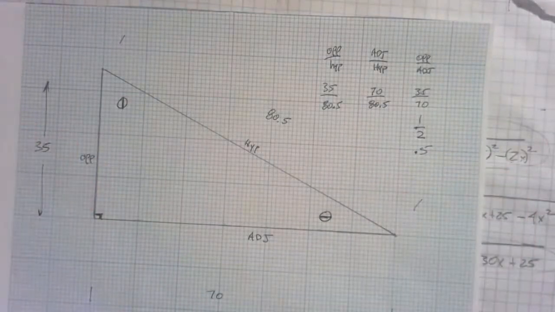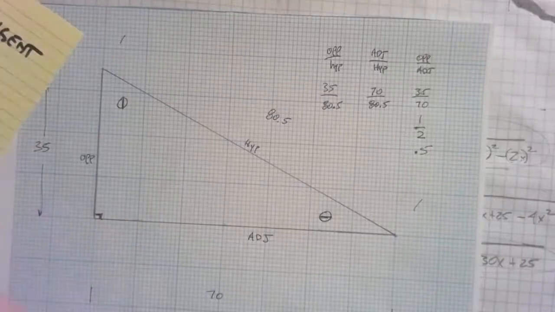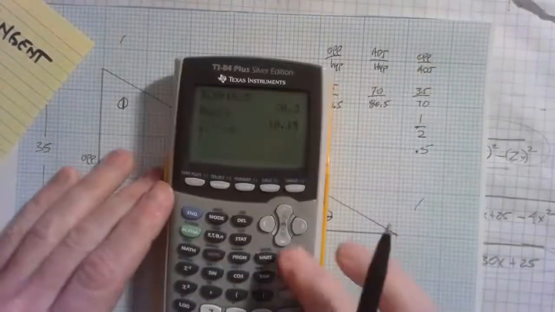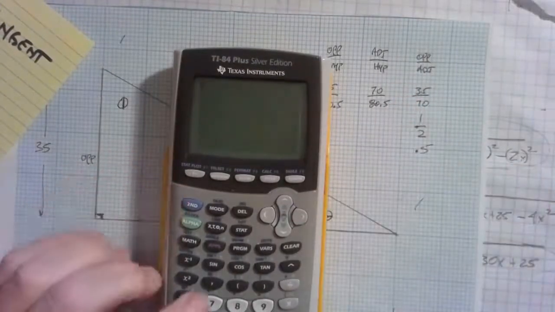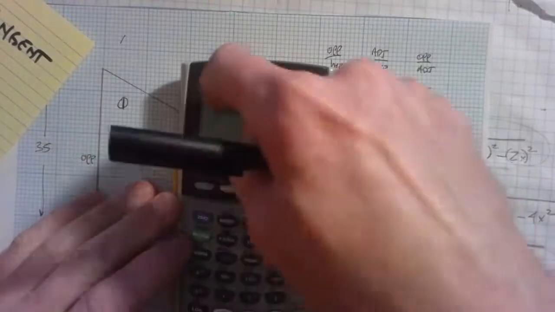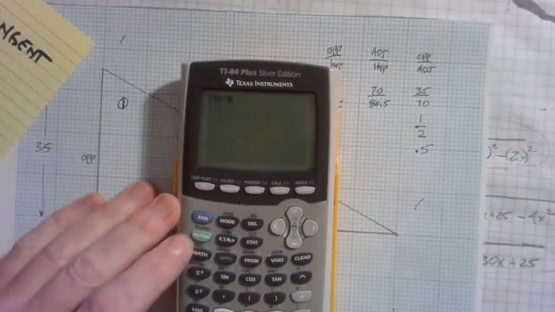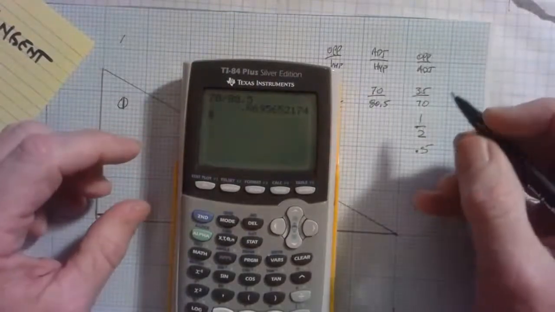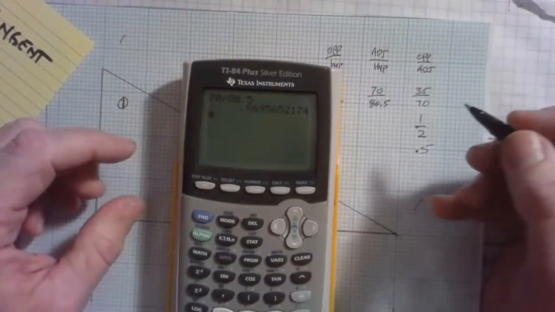Let's find these two. So dig out my calculator. There we go. I'm going to do 70 divided by 80.5. And if you can't see it, I get 0.8696.